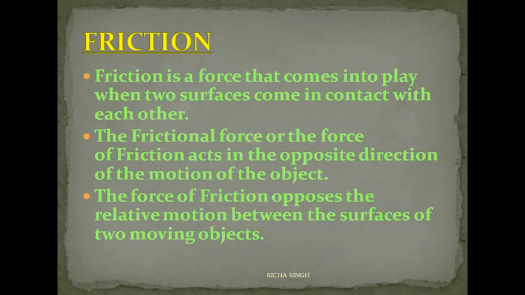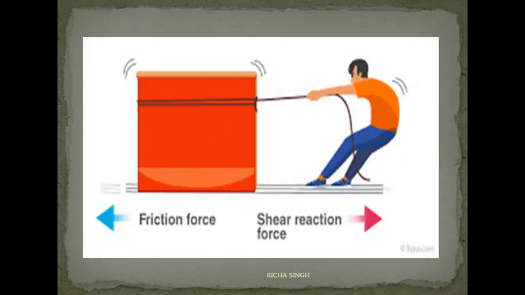Friction will act when two surfaces come in contact with each other. We have studied this because it is a contact force and it is always acting in the opposite direction to the motion of the object. If you see this picture here, the man is applying force to pull the box in this direction.